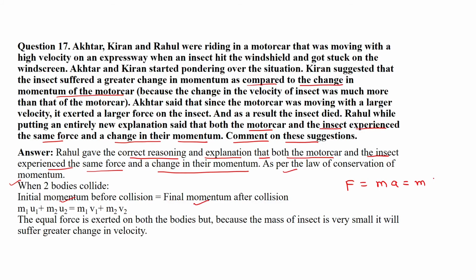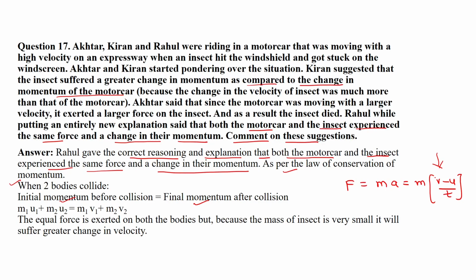So the more the change in velocity, the more will be the acceleration, and the more the acceleration, the more the force. So the force is exerted on both the bodies, but because the mass of the insect is very small, it will suffer a greater change in velocity. So Rahul gave the correct explanation about the situation.